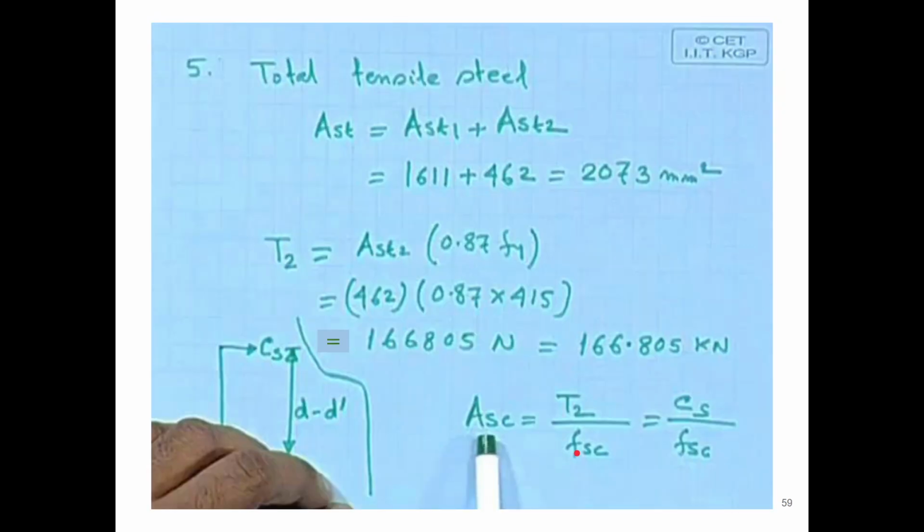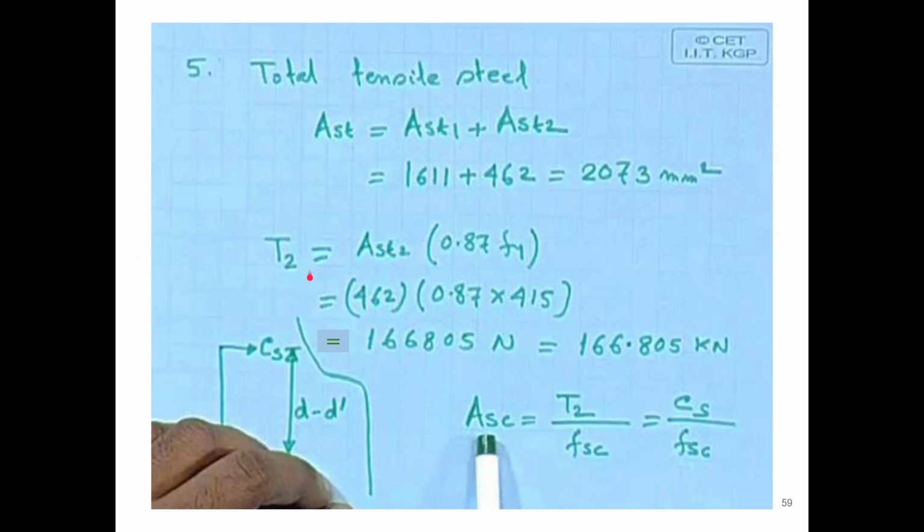So the total tensile steel required is AST equal to AST1 plus AST2 equal to 1611 plus 462 equal to 2073 mm square. Taking n into pi by 4 into 25 square equal to 2073, we can find the value of n, that is the number of tension rebars required.